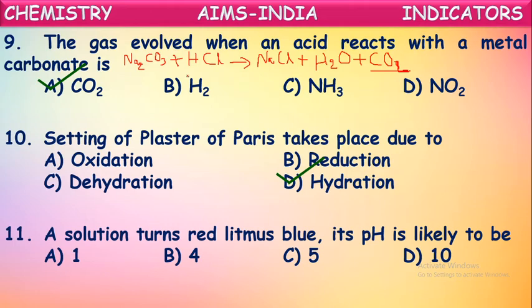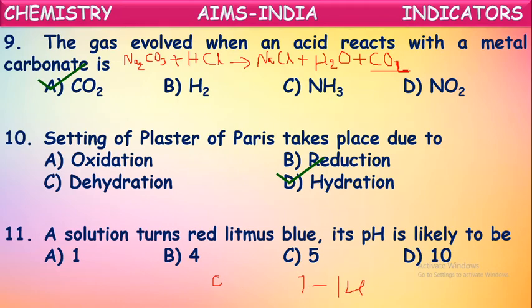Next, a solution turns red litmus blue. The pH is likely to be. We know the solutions which turn red litmus blue are basic solutions, and the pH range of these basic solutions is 7 to 14.